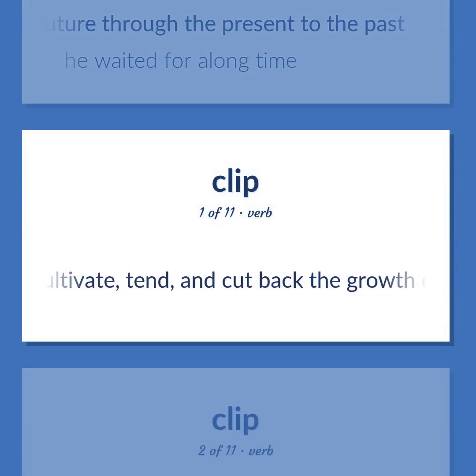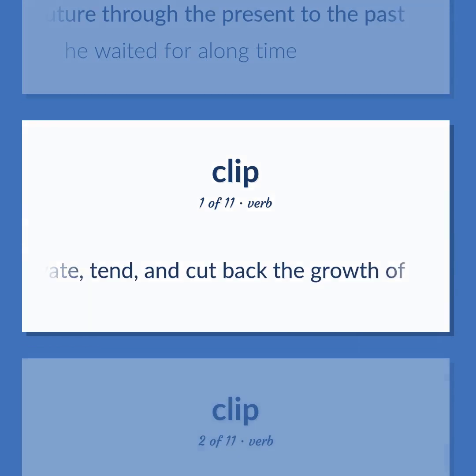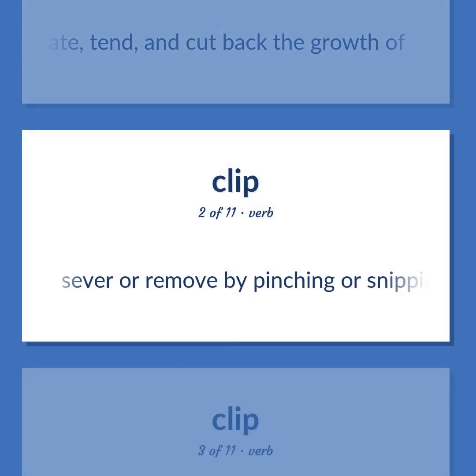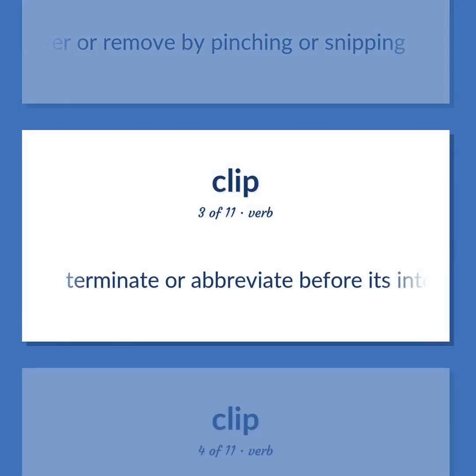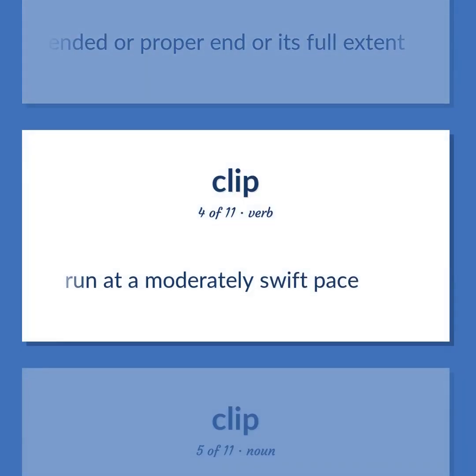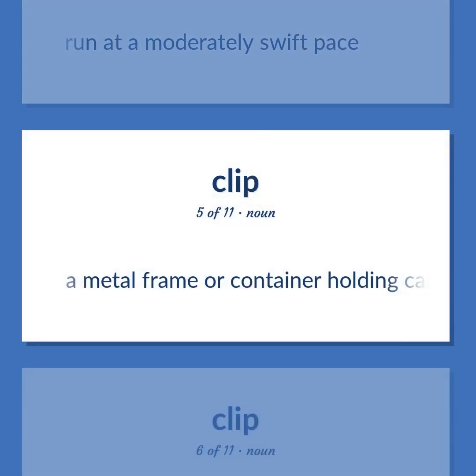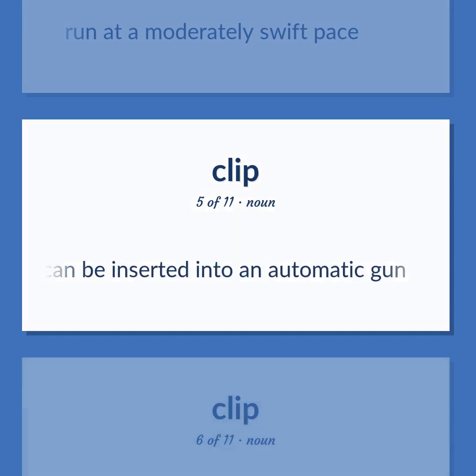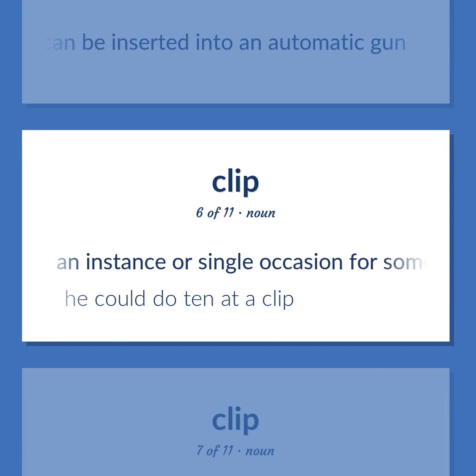Cultivate, tend, and cut back the growth of. Sever or remove by pinching or snipping. Terminate or abbreviate before its intended or proper end or its full extent. Run at a moderately swift pace. A metal frame or container holding cartridges can be inserted into an automatic gun. An instance or single occasion for some event.